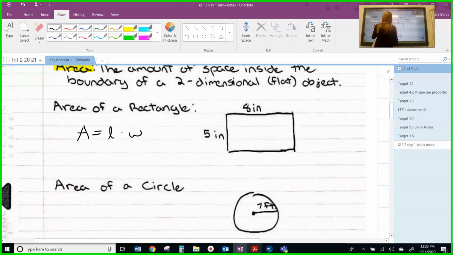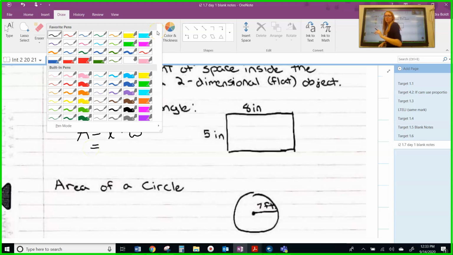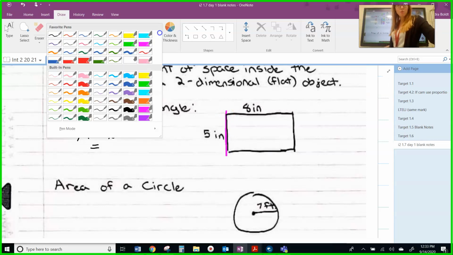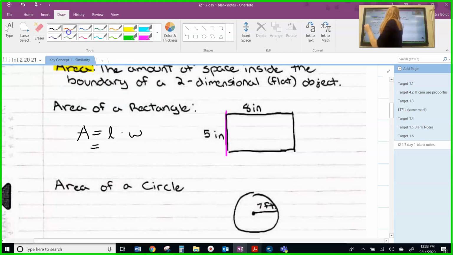In this case, our length is 5 and our width is 8.